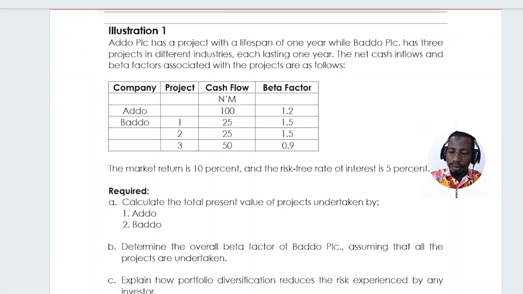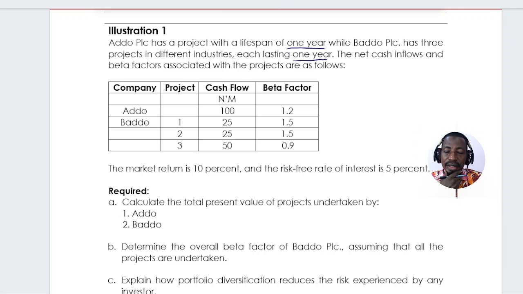Okay. So Adobe PLC has a project with a lifespan of 1 year. That's the useful life. While Adobe PLC has 3 projects in different industries, each lasting 1 year. Okay, the same useful life.